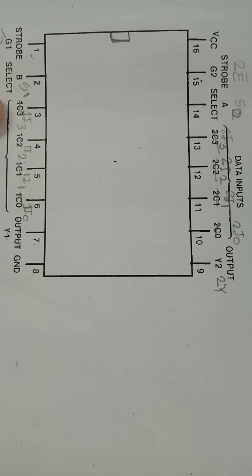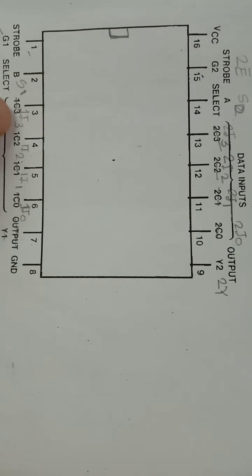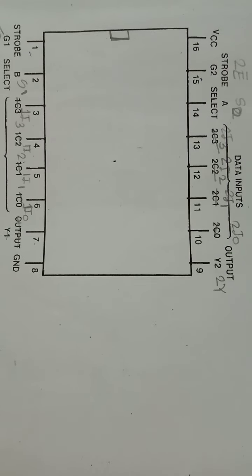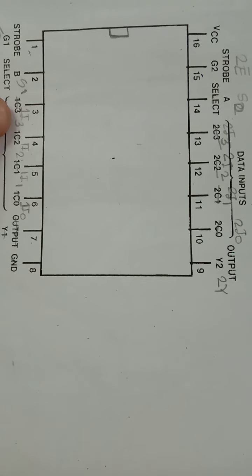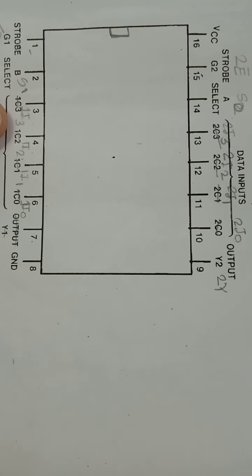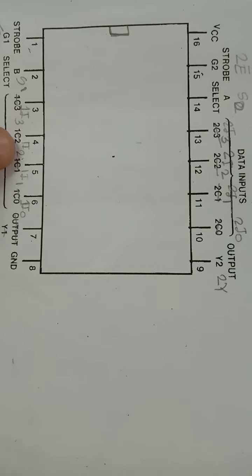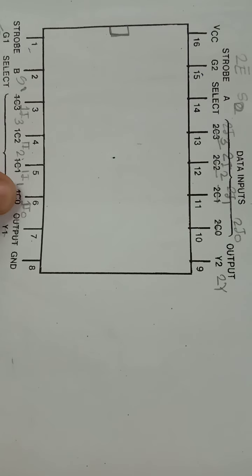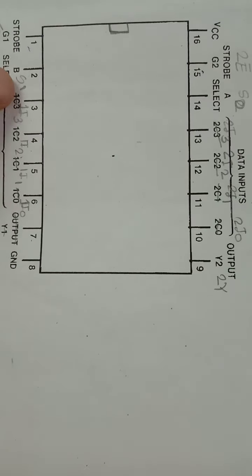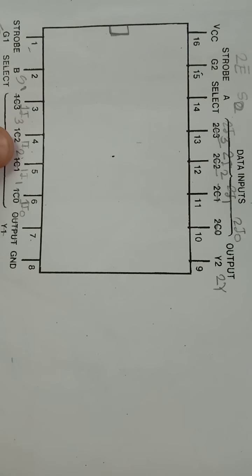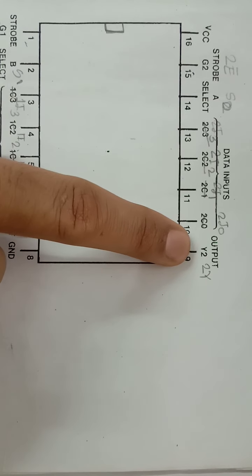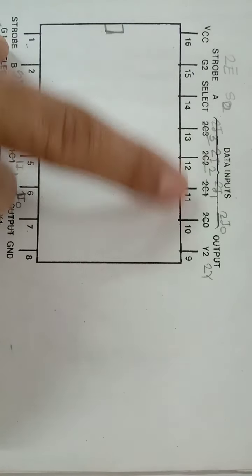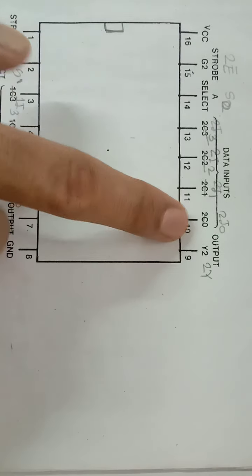Then there are the data inputs; if you use a different IC series instead of LS, the labels are different, so we can call them 1C3, 1C2, 1C1, 1C0, and so on. These labels are decided by the respective manufacturer of the ICs. Pin 9 is the output pin and 16 is VCC. So these are the IC pin details.